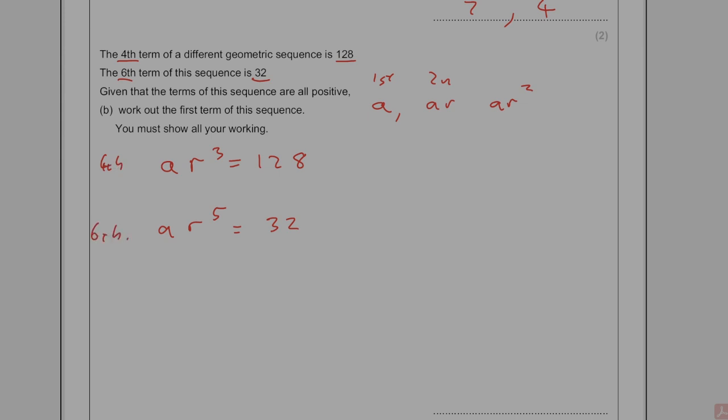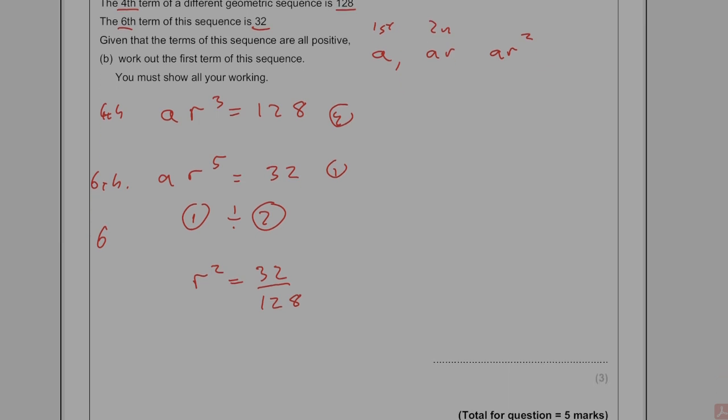So really I want to work out R. So what I'm going to do is treat them as two separate equations, and I'm going to do equation 2 divided by equation 1. So that's going to give me R squared is equal to 32 over 128.